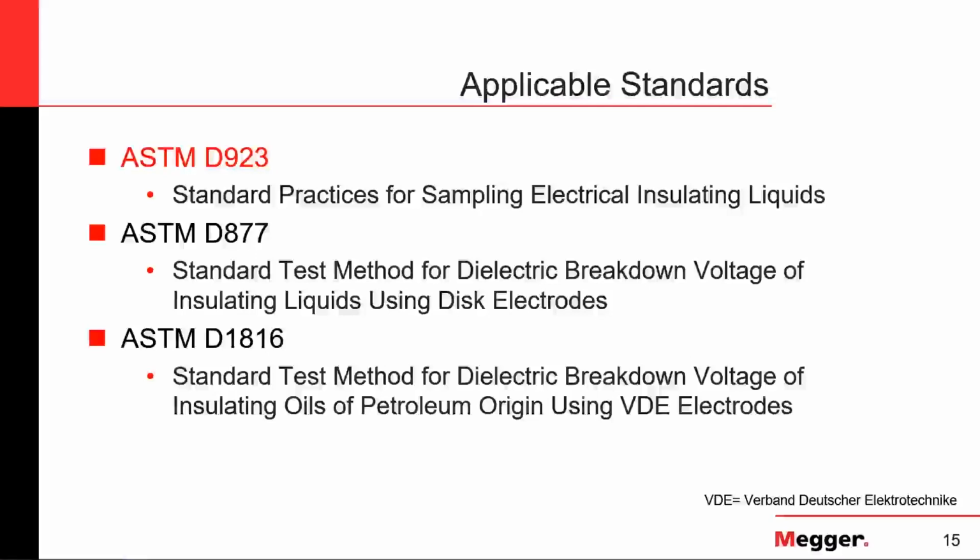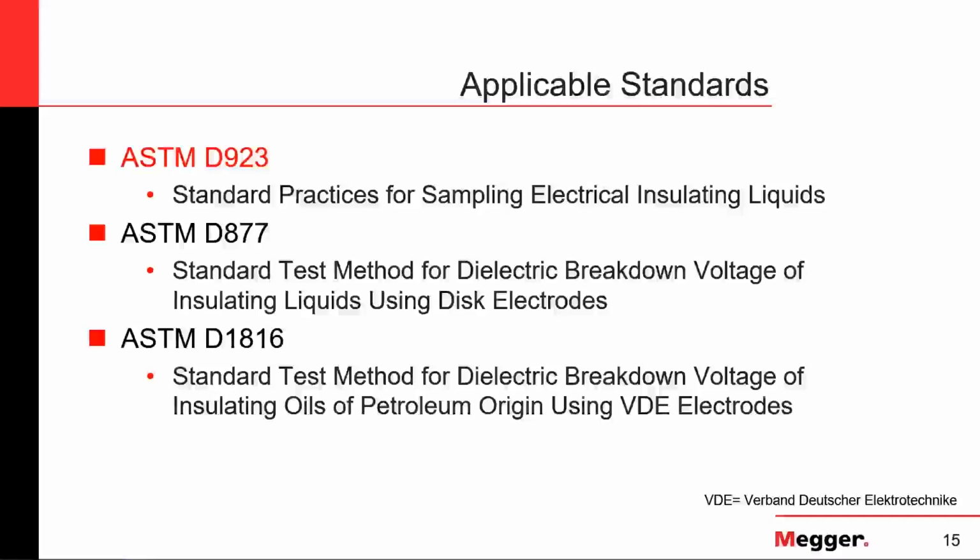Continuing with ASTM, as you can see, I have ASTM D923 highlighted in red, the standard practices for sampling electrical insulating liquids. I wanted to highlight this because you will see as we go through the presentation that the best practices start even when we are just out taking the samples to test.